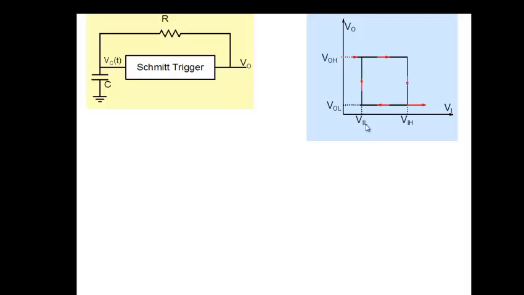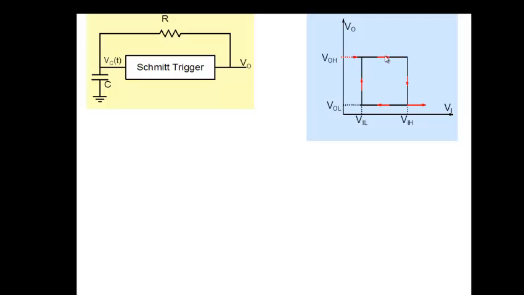Now, don't confuse your VIH and VIL with the digital inverters that you are doing in 370. These are not the same VIL and VIH here, okay? So anyway, as you decrease the voltage, VIL comes, and at that point, the output switches back to the high value. And then as you go further, it remains VOH here. So what you see here is that this circuit has a memory, and it shows a hysteresis that you see here.